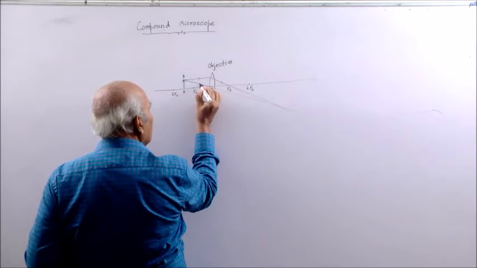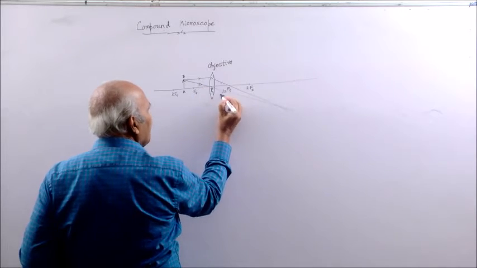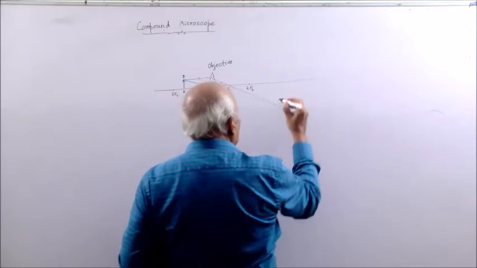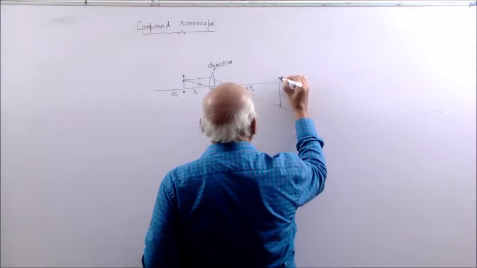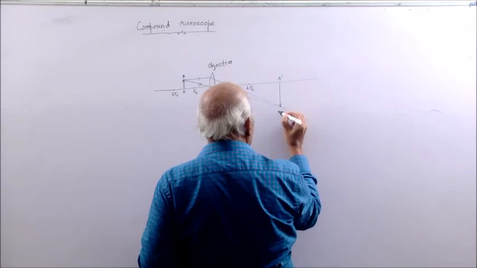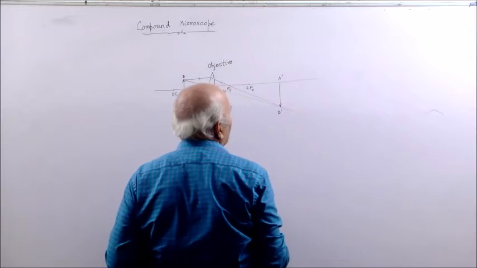So, this is the first ray, this is the second ray. So, you have a magnified image, magnified but inverted. So, it is A dash B dash.